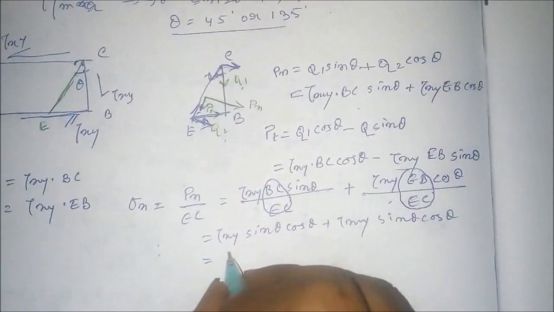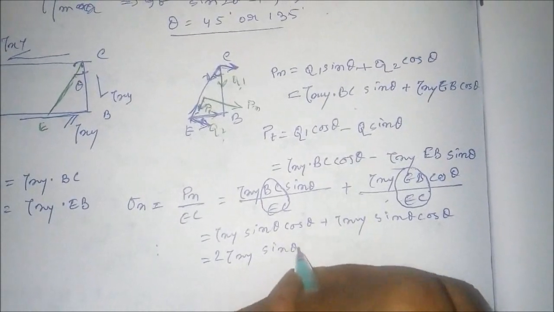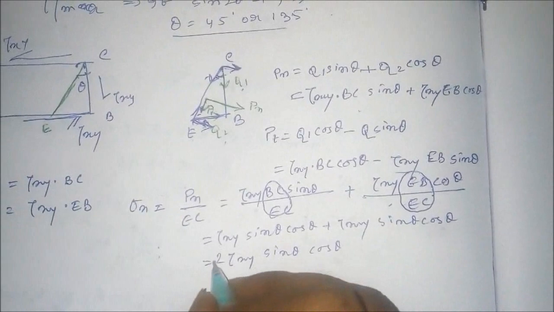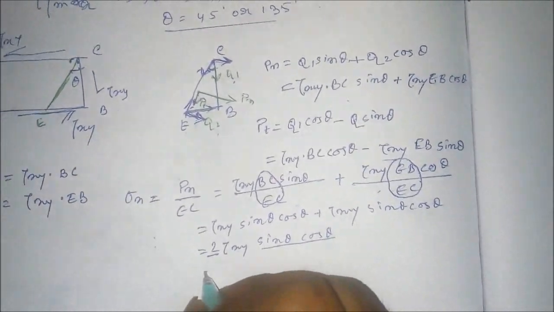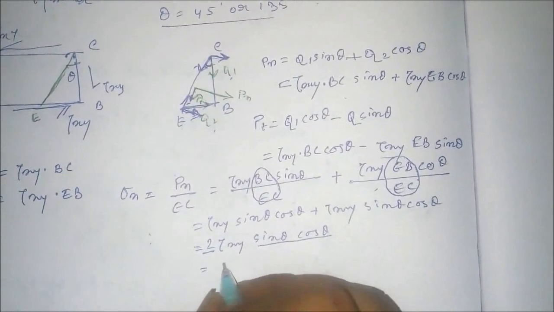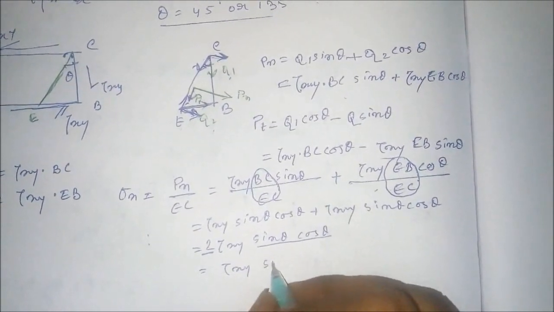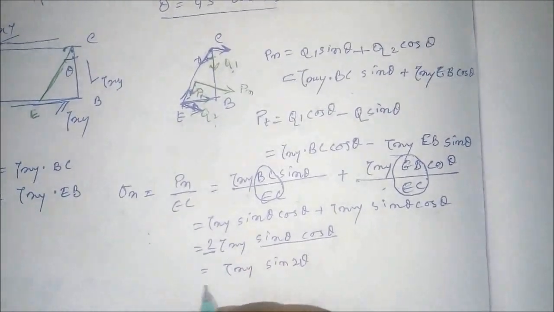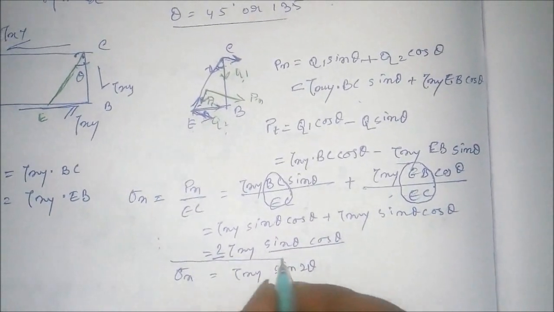So basically 2 tau xy sin theta cos theta. Now since 2 sin theta cos theta is sin 2 theta, this value sigma n will be equal to tau xy sin 2 theta, right?